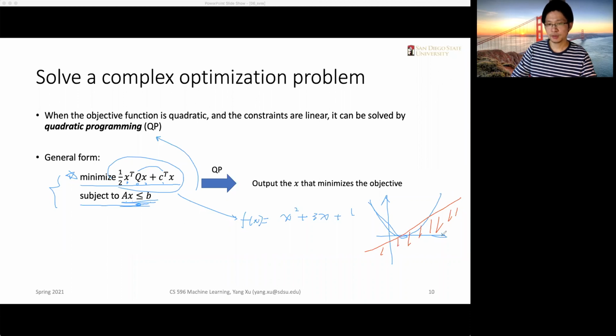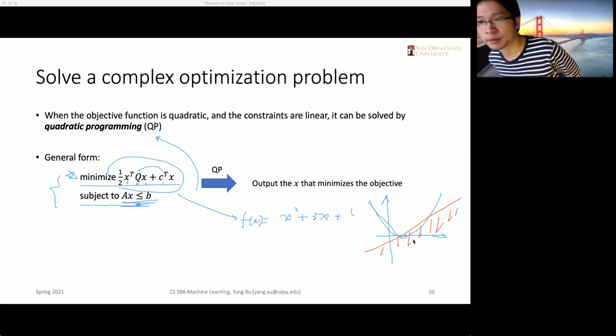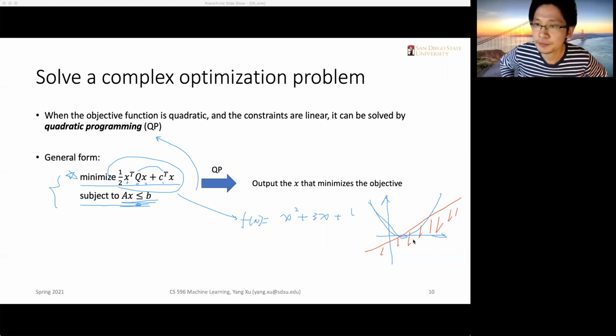So in this case, how do we find the minimum points along these quadratic function lines? This type of optimization problem will be solved by quadratic programming algorithms. And actually, it is not our task to design such a quadratic programming algorithm.